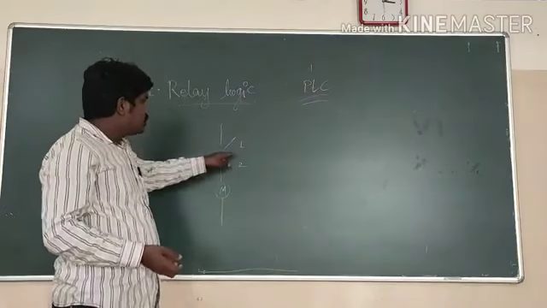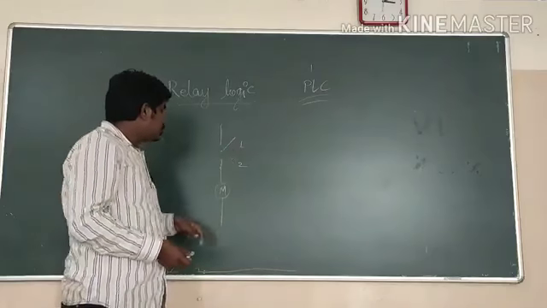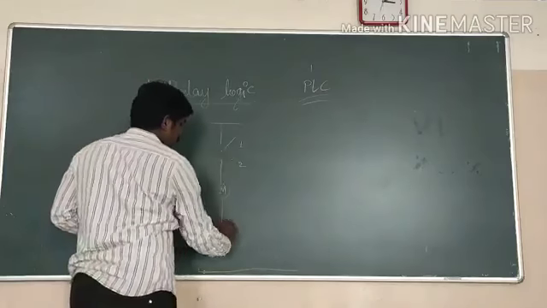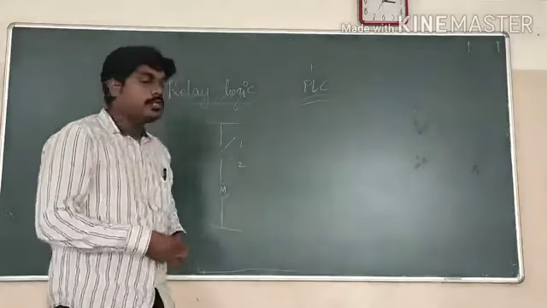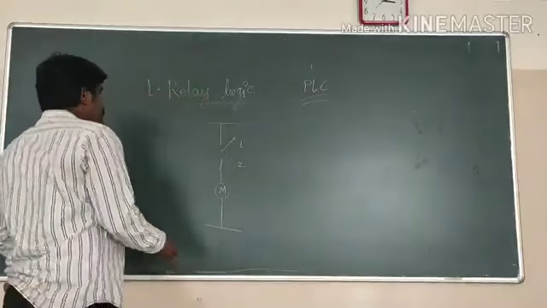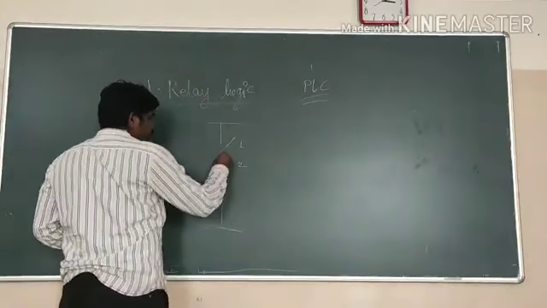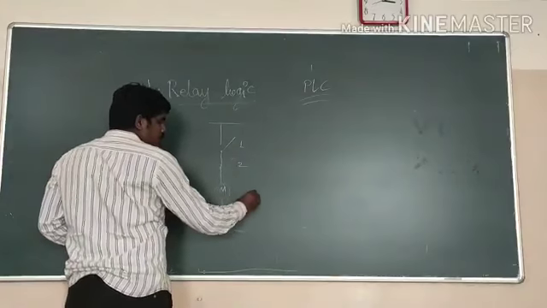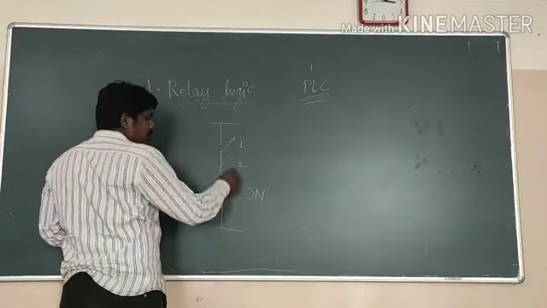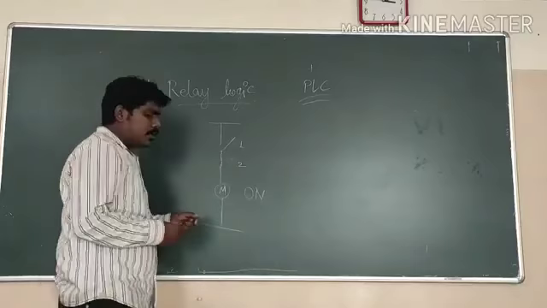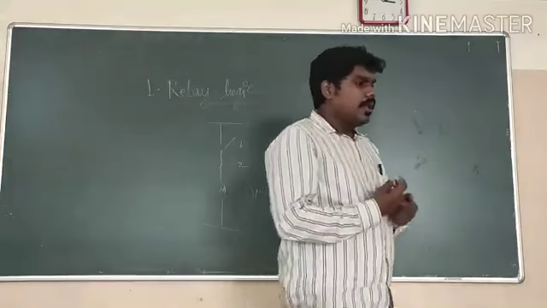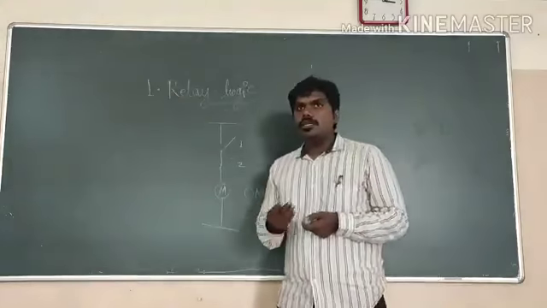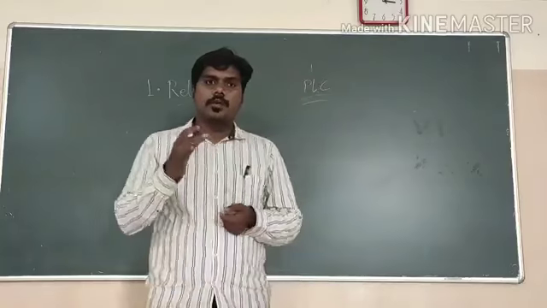Switch 1 and switch 2 control the motor operation. If I want to turn on my motor, I just press switch 1. But internally, all the internal structure is connected with hard wire.